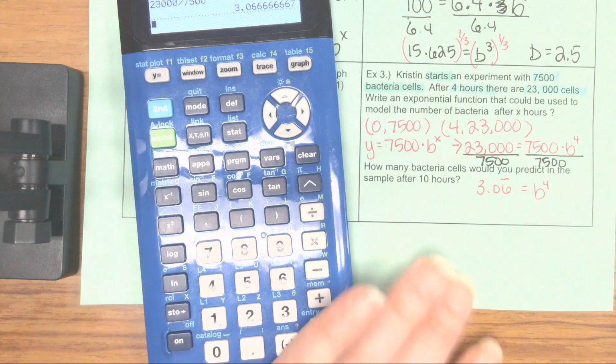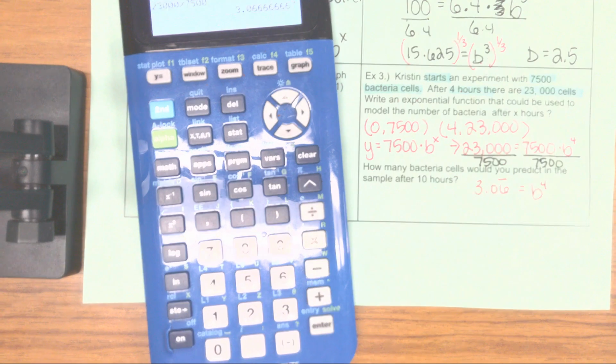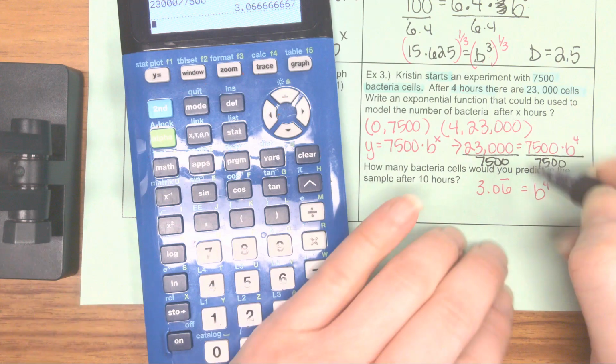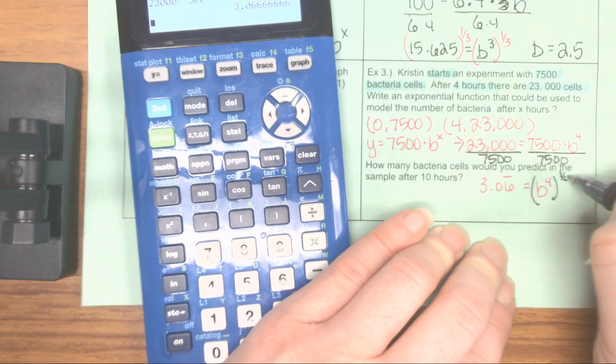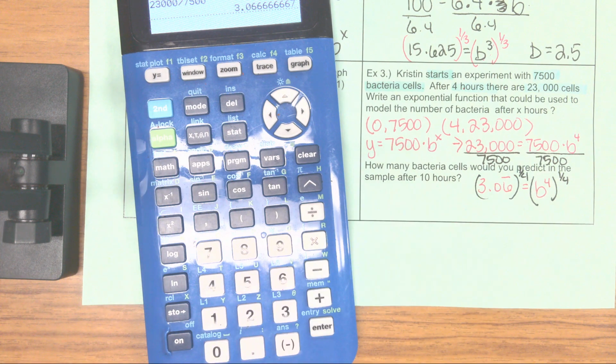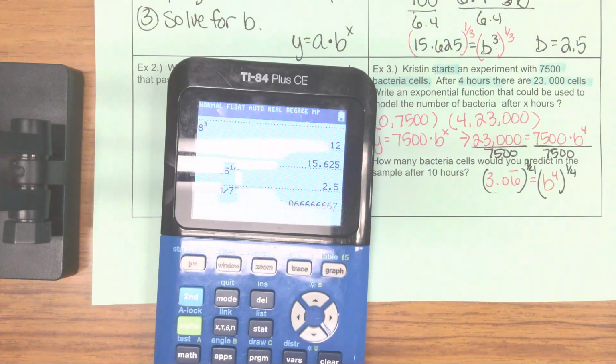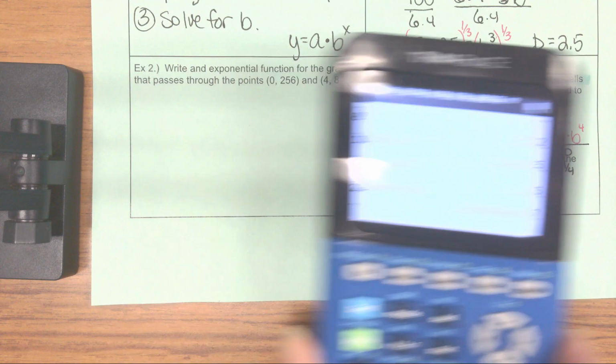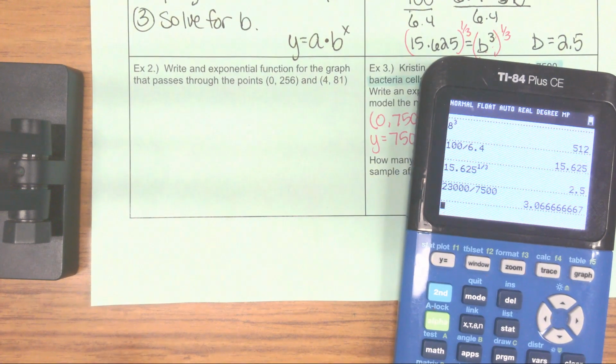So what do I have to do to solve that? Going to raise both sides to the 1/4. All right, so I don't know if you guys know about this function on any of the calculators, the little ones as well. If you have something in there and you want to do something to it, you can use the answer button or you can just leave it in.